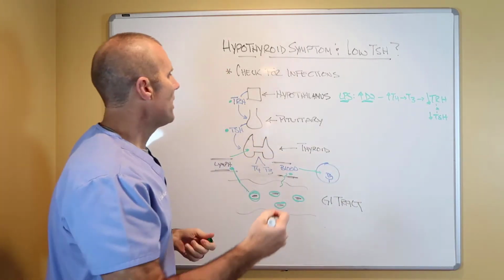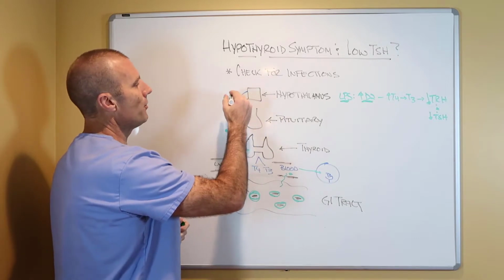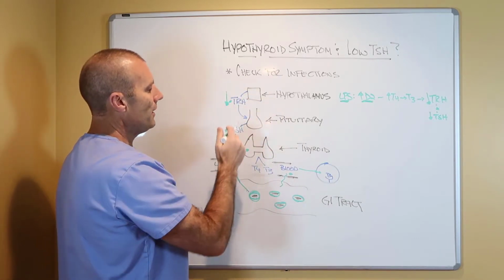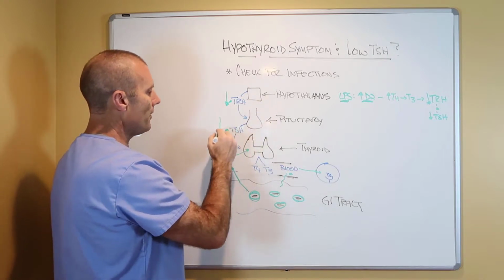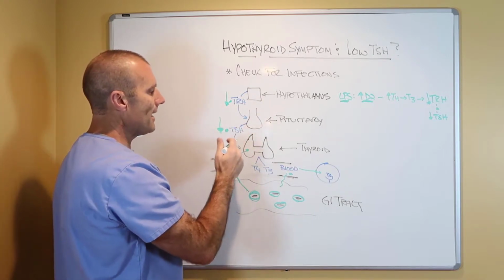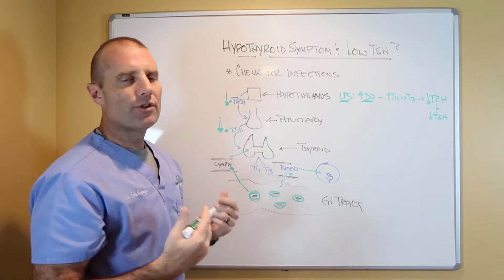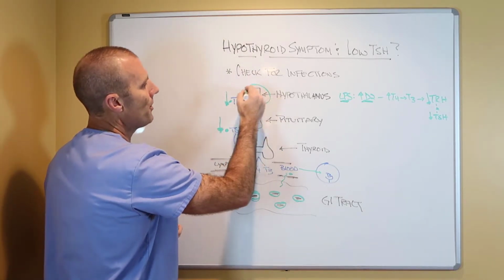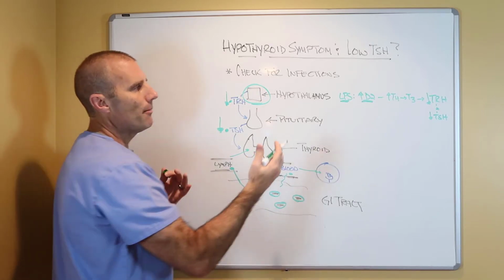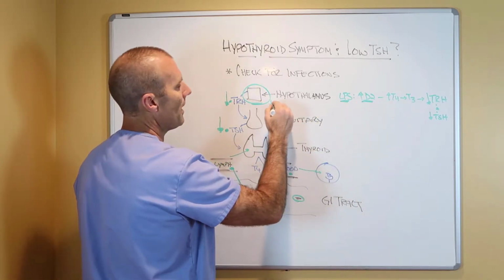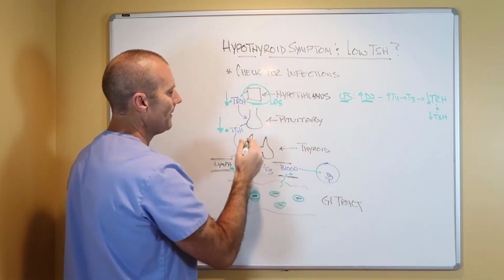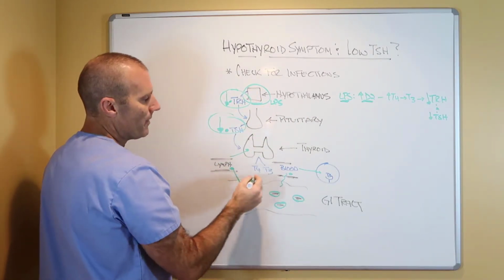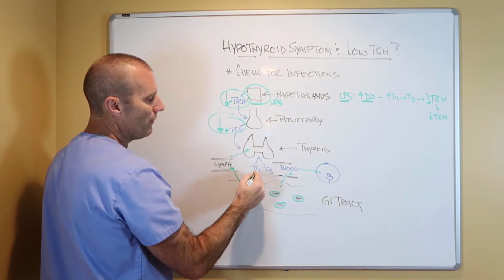This tells the hypothalamus that we don't need any more thyroid hormone, so TRH secretion goes down. If TRH secretion goes down, then there's a decrease in TSH secretion. So when your doctor runs your lab work, because the hypothalamus is getting this upregulated conversion by the lipopolysaccharides, TRH goes down, TSH goes down, and you could have decreased T4 and T3.